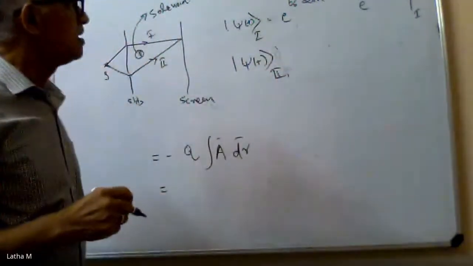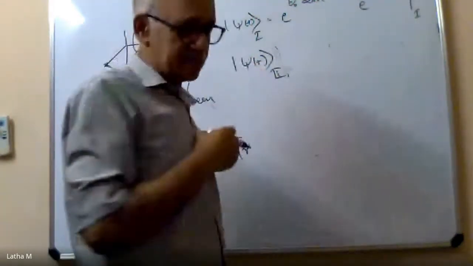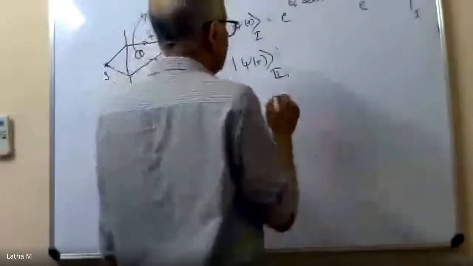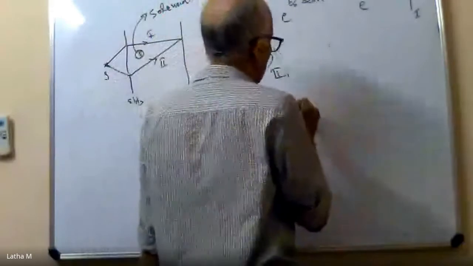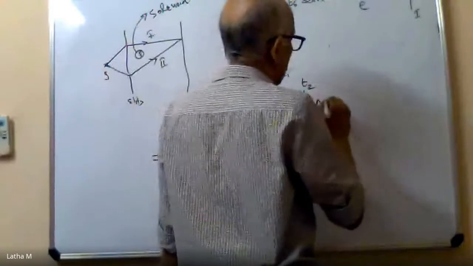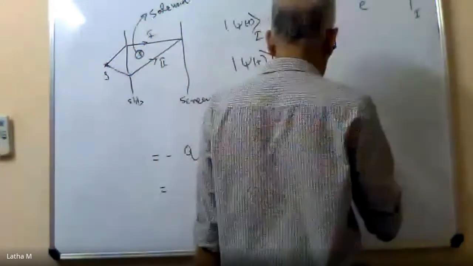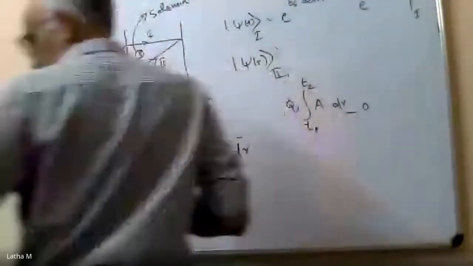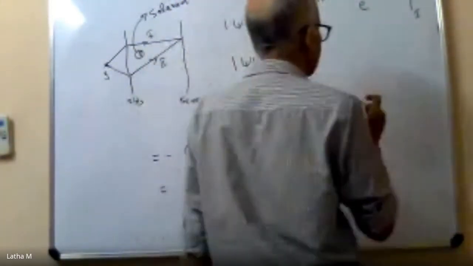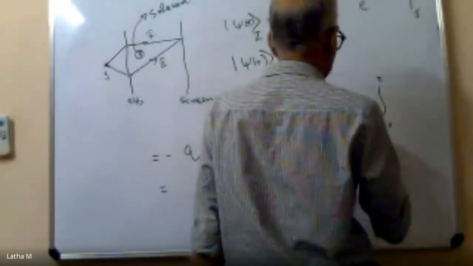And then what is the change in phase going between the two paths? In this case, the change in phase is Q integral T1 to T2 A dot dr minus, T0 to T for path 1.